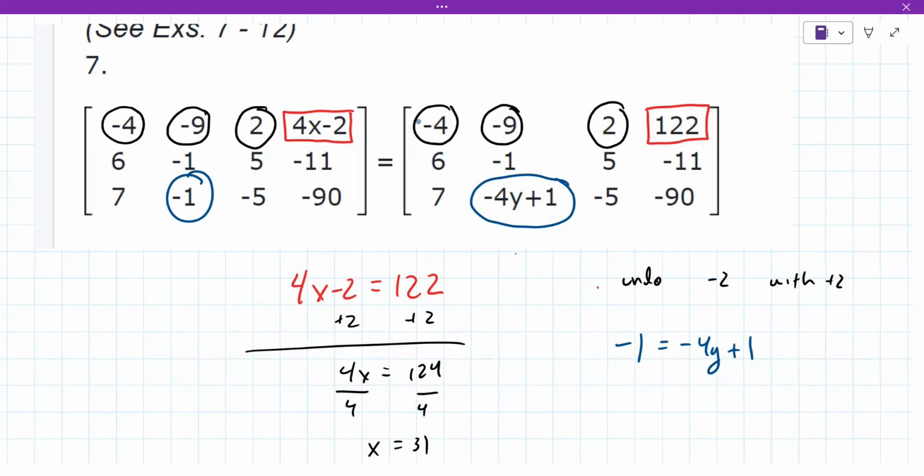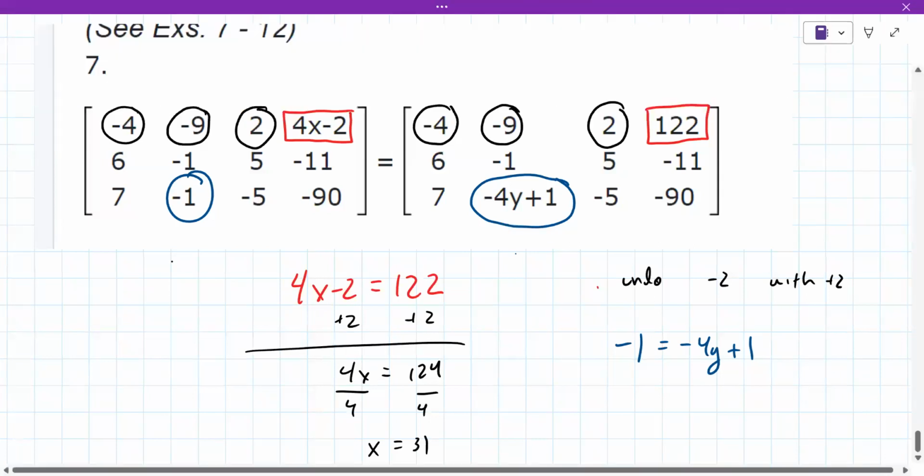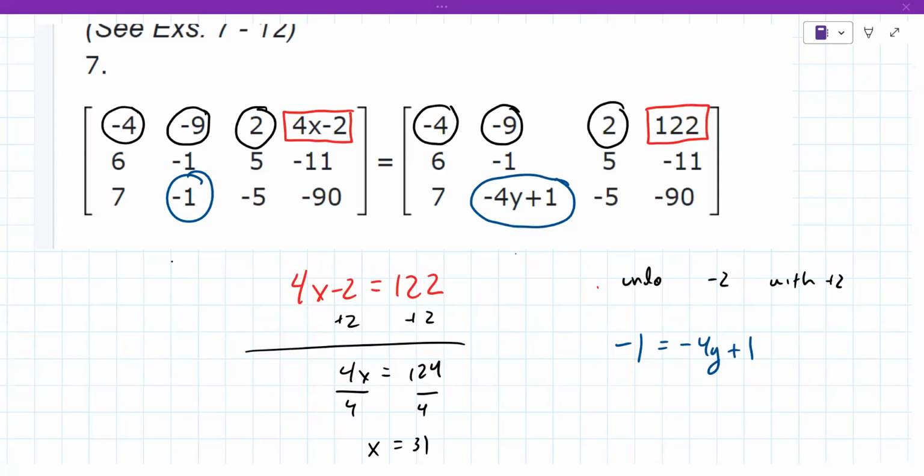Sure. I have a question. Yes, go for it. So you wrote -1 equals -4y plus 1. Yes.